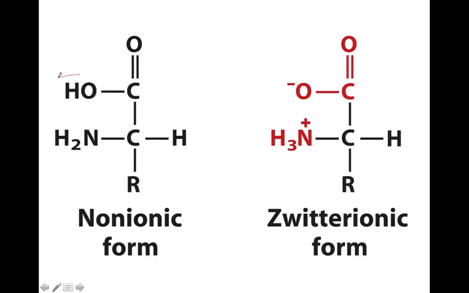So you're going to be losing this hydrogen here as a proton, and this proton then is going to come here, and the amino group is going to accept it. So let's recap. To form a zwitterion, the hydrogen on the carboxylic group is lost as a proton, and the amino group is going to accept the proton, or it's going to be protonated to form NH3+. And when you have the two charges here, we say this is the zwitterionic form. Alright.